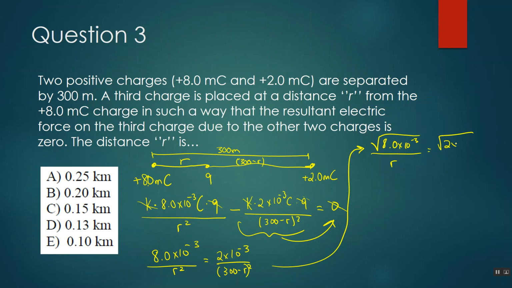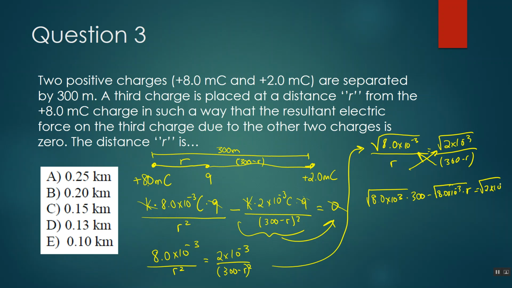Now I'm going to cross multiply like that. And what I'm going to get is the square root of 8.0 times 10 to the minus 3 times 300 minus the square root of 8 times 10 to the minus 3 times r is equal to the square root of 2 times 10 to the minus 3, sorry, I'm running out of space, times r.